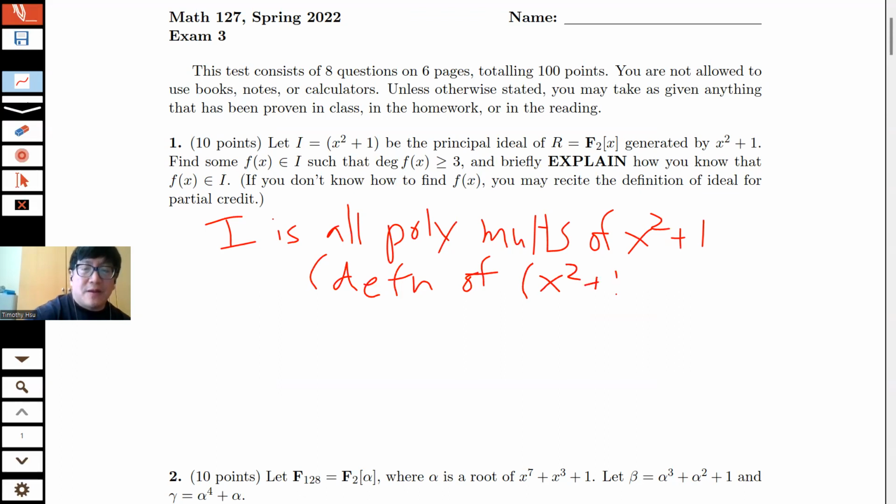So that's one thing. Not only do you need to know the definition of ideal, but you need to know the definition of principal ideal, because all the really cool ideals that we deal with are principal.